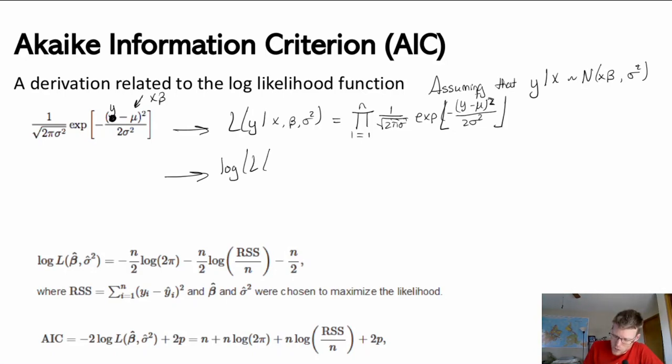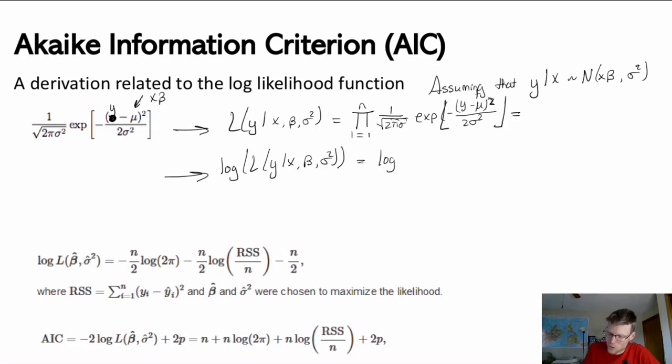The reason we do that is because the log has some nice properties where exponents turn into multiplicative values, and multiplicative and division values turn into additive and subtractive elements. So if I take the log likelihood of this equation, what I'm going to get is the log of, and I can actually separate this out, so let me do one more step up here.